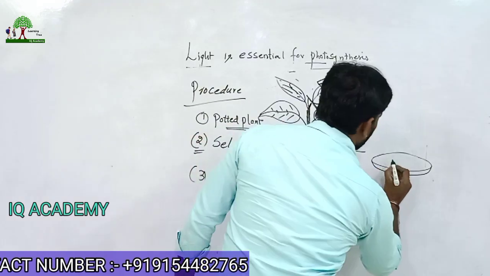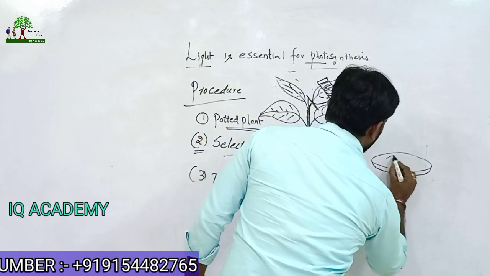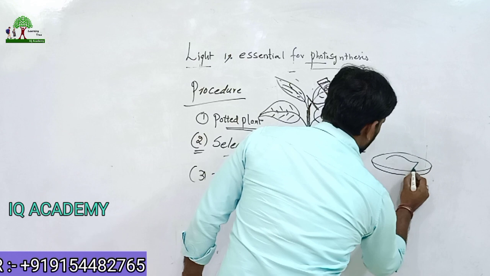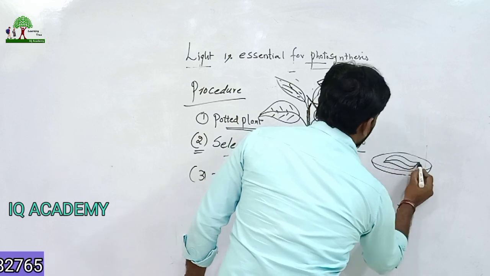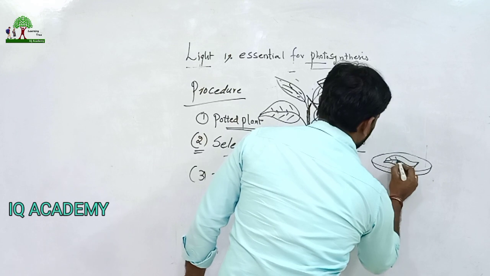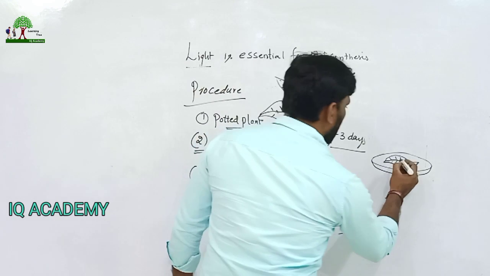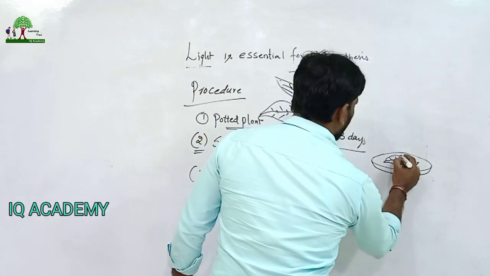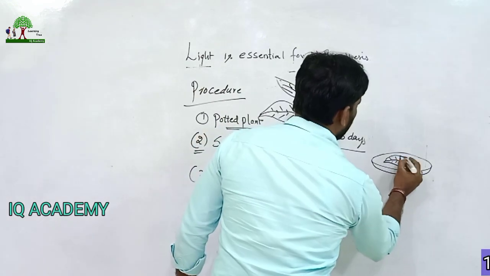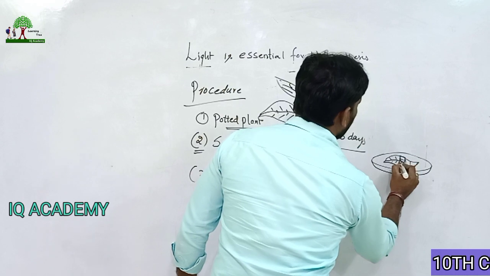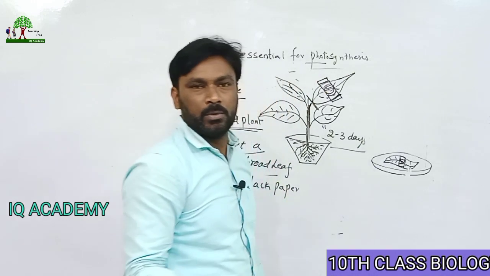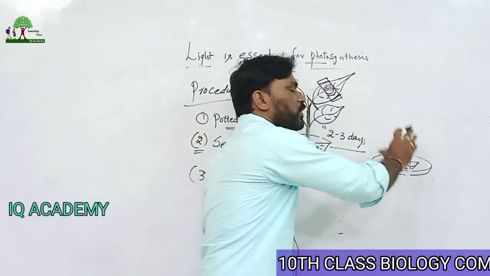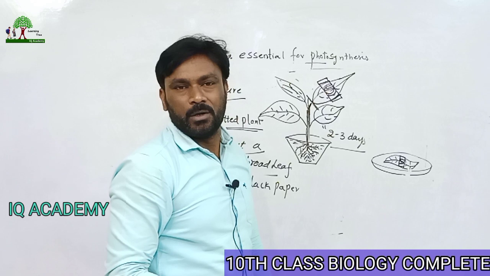Now the leaf we have kept on the petri dish, and we removed the paper and we are able to see the mark of S also like this only. Though we remove it, the mark of S will be seen on the leaf.